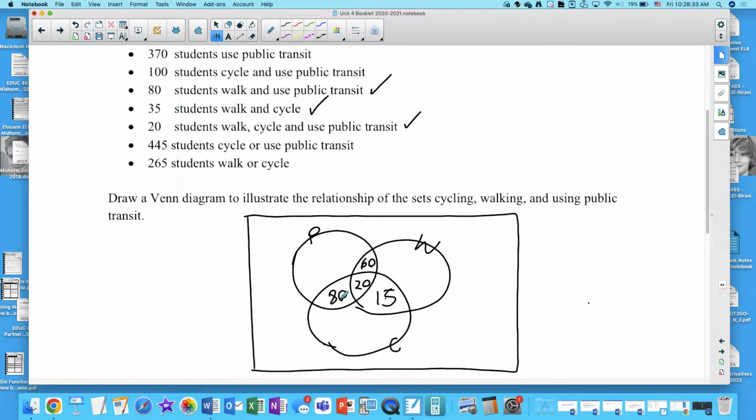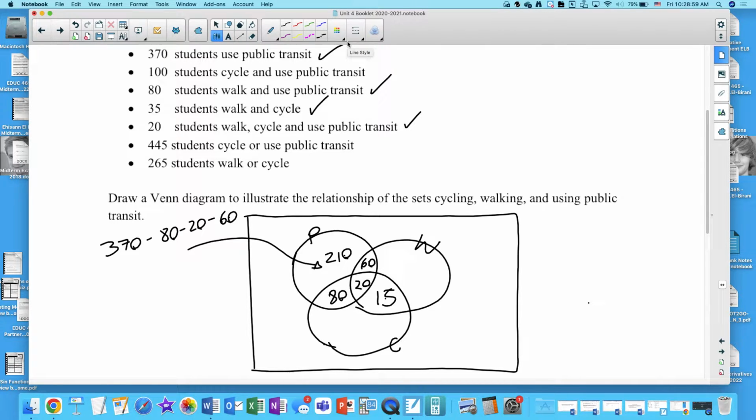The total has to equal 370, and we know 3 out of 4. So this over here is going to be 370 minus 80 minus 20 minus 60. Yep, 210. There we go. And that's this clue.